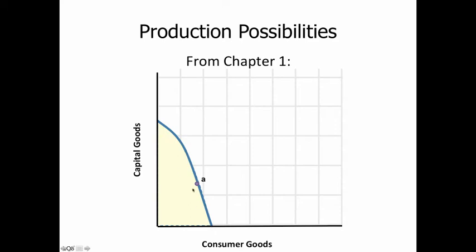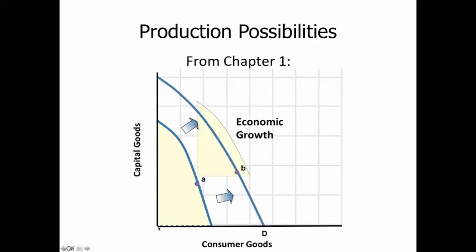So point A represents producing a certain combination of capital and consumer goods, whatever these two values are that we would read off the relevant axes. And what would economic growth mean? Well, economic growth just means we're pushing out the PPF, that we're able to move to a point farther out than previously was possible.